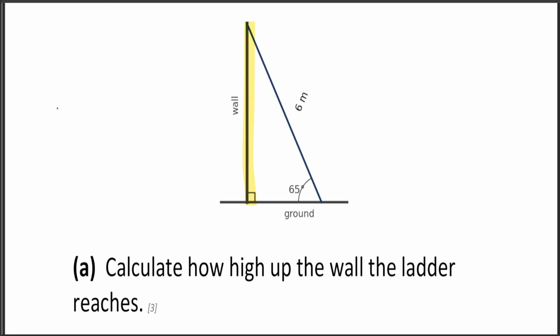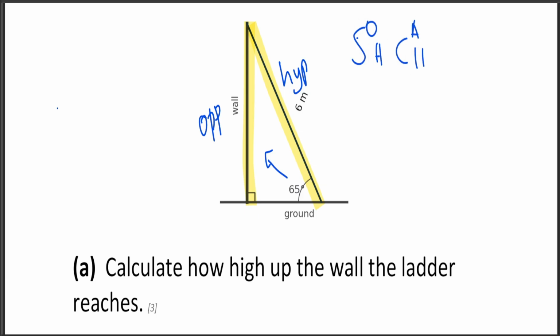Now, what we have here, that height of the wall represents the opposite. Now, and this one represents the hypotenuse. So hii ni opposite, hii ni hypotenuse. So ukiangalia soh cah toa, the one that usually has both opposite and hypotenuse is soh.